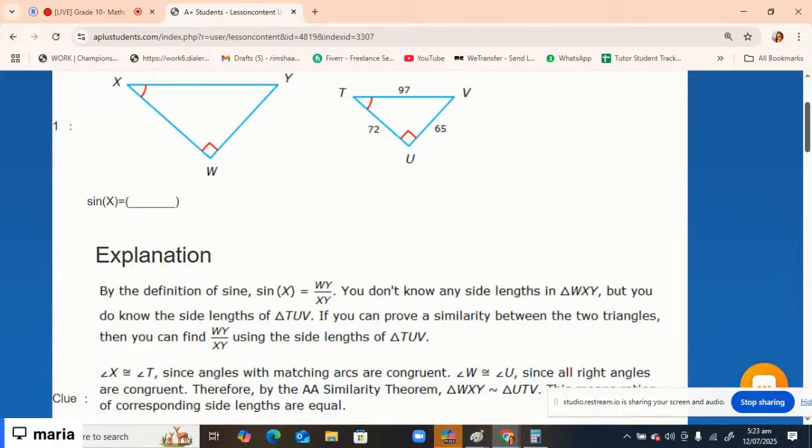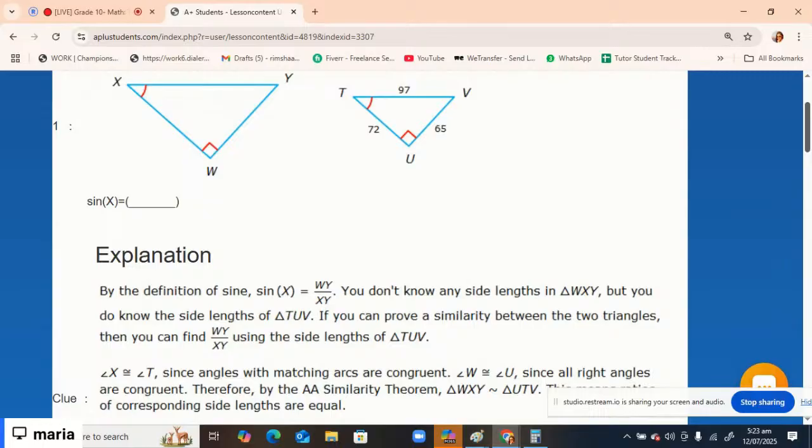This is basically everything I'm going to explain. When you are finding the similarity between these two triangles, the first step is to check: angle X and angle T are equal, then angle W and angle U are equal because the right angles are equal.